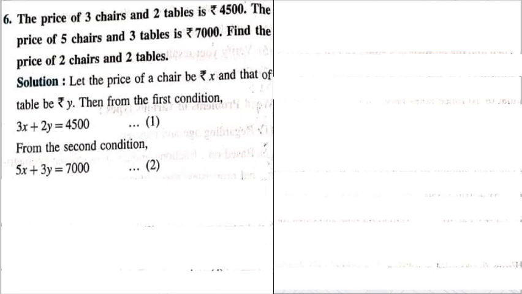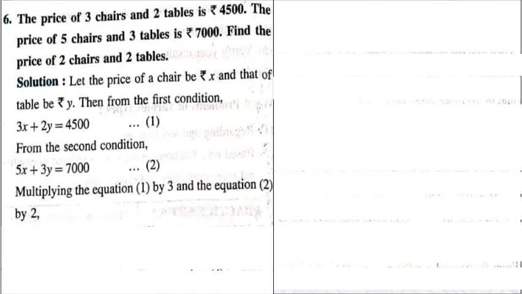Let us apply the second condition. The price of 5 chairs and 3 tables is 7000. So 5x plus 3y is 7000. Here we have equations 1 and 2. Do we have the same coefficients? No, so we have to equate the coefficients.